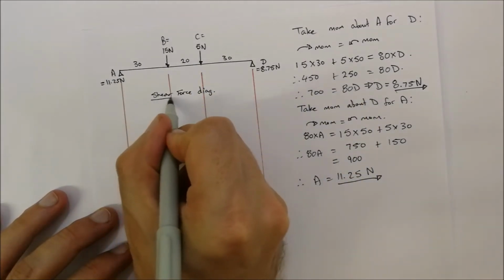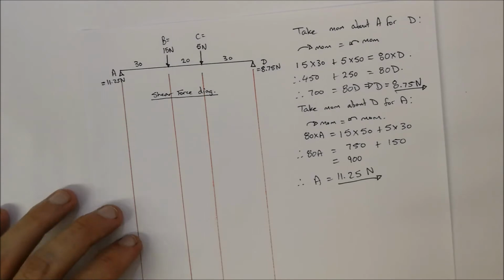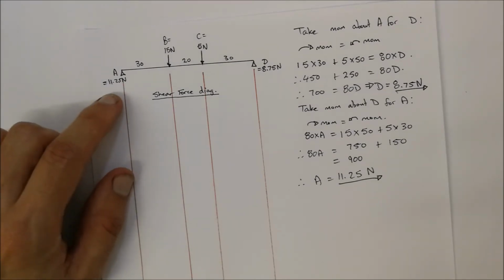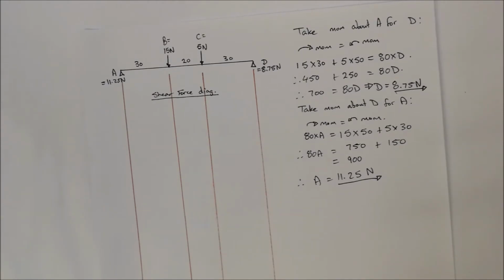And if you look at these forces, 11.25, 15.5 and 8.75, if I want to use millimeters to plot that, or let's say 11 millimeters to plot 11.25 newtons, I'm able to do that on a sheet of paper.